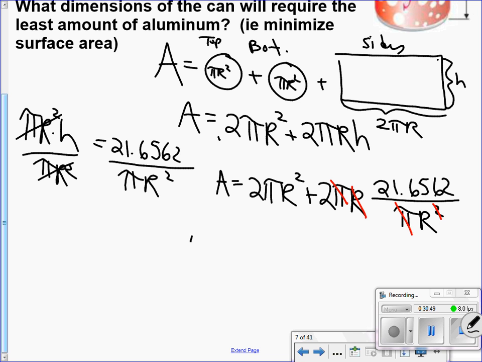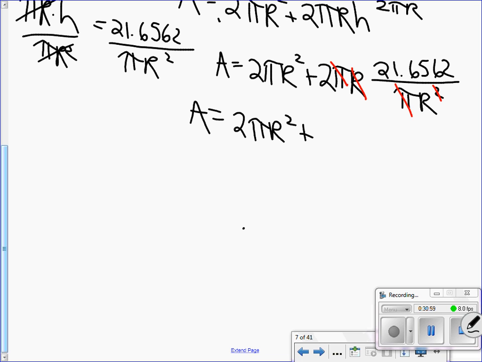And so the area in terms of r is equal to 2 pi r squared plus 2 times 21.6562, which is 43.3124, over r.